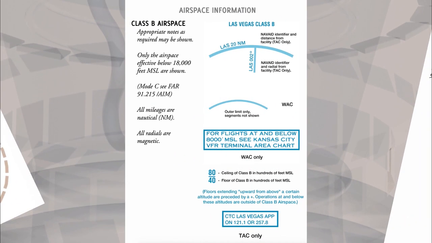Moving on, Class Bravo airspace. We got to see some of that in the basics of the charts video. I think that was the last video we had or the one before. But anyhow, we showed the thick blue line. And so here you can see the Las Vegas 20 nautical miles out. It's giving you information.